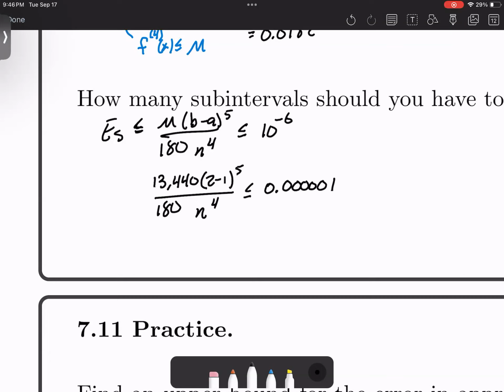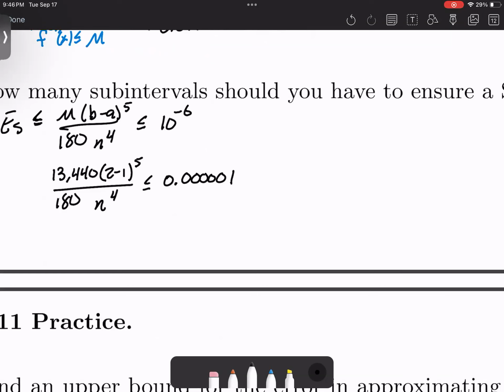So you can flip everything upside down and write this as 180n to the fourth divided by 13,440 times the 2 minus 1, which is just a 1, so 1 to the fifth is a 1. And now make sure to flip the sign. This will be greater than or equal to 1 with 6 zeros, 1 million.